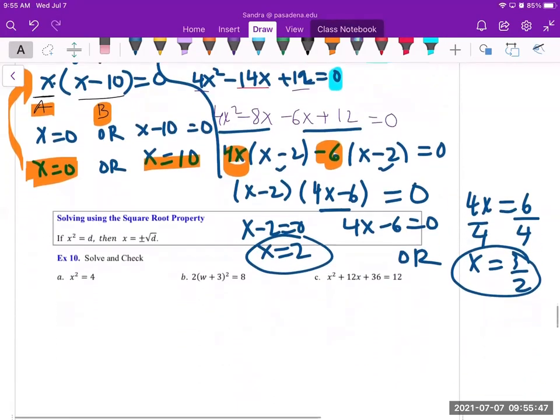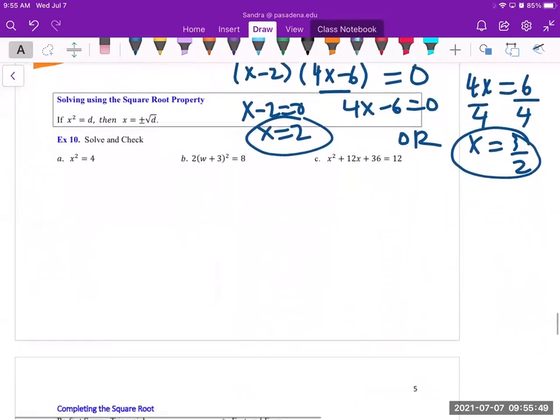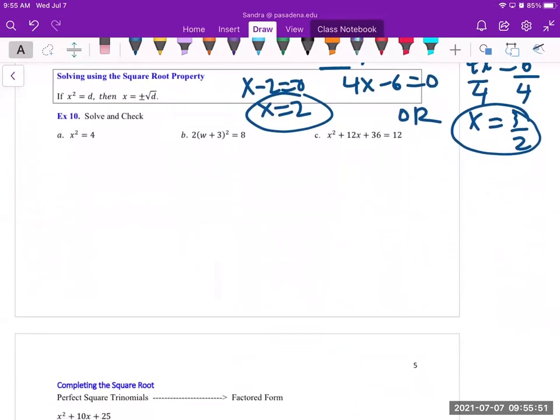Let me go ahead and move on to something called the square root property. The square root property says if I have a variable squared equal to a number, then I can take the square root of that number and add the plus and minus sign in front. Let's get started. I see x squared is equal to 4.